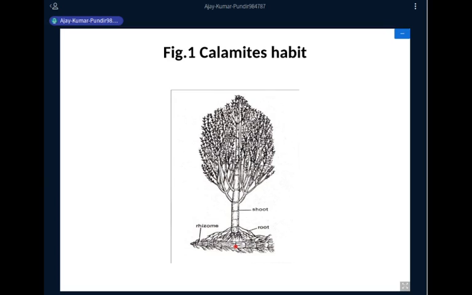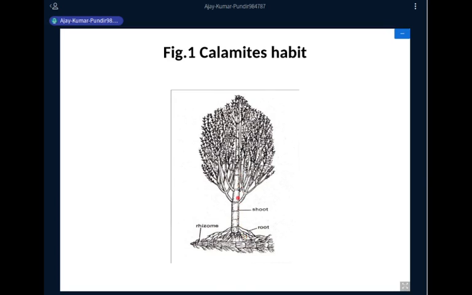And from the nodes of the rhizome towards the upper side, a group of roots also develops. And from the horizontal rhizome towards the upper side, an aerial shoot develops.